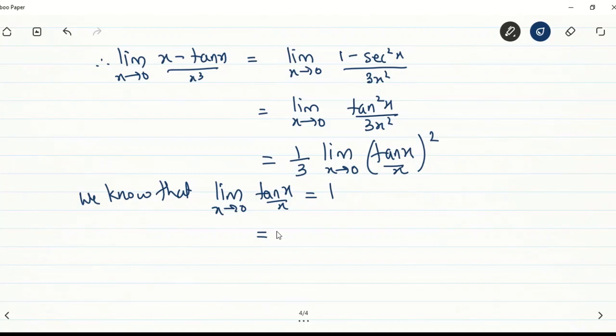So the limit as x tends to 0 of x minus tan x divided by x cube will be equal to minus 1 by 3. This is the final answer. We are getting the value of the limit as minus 1 by 3.